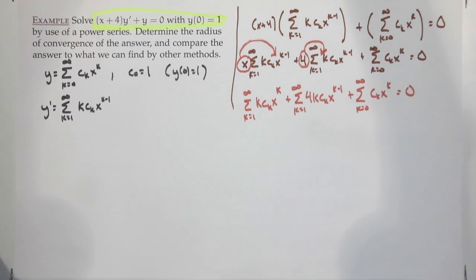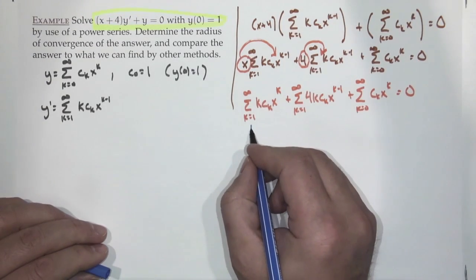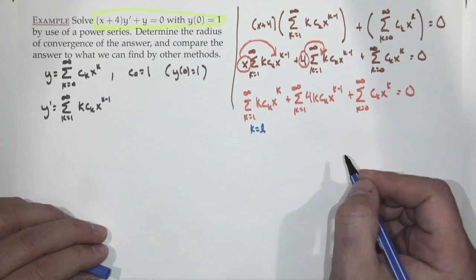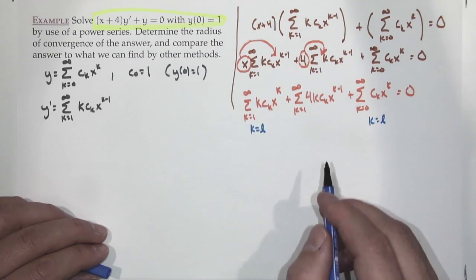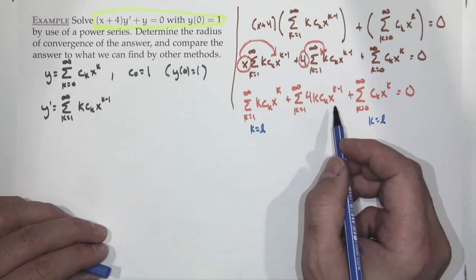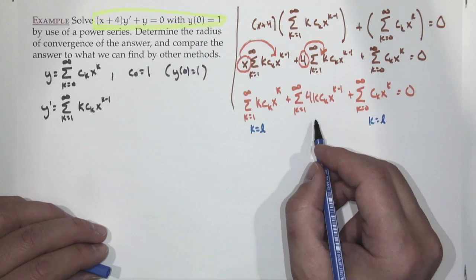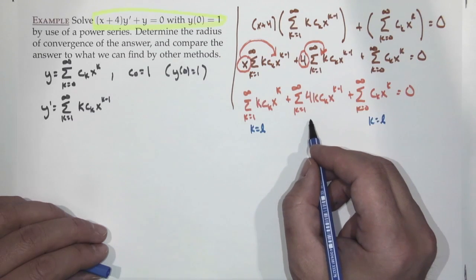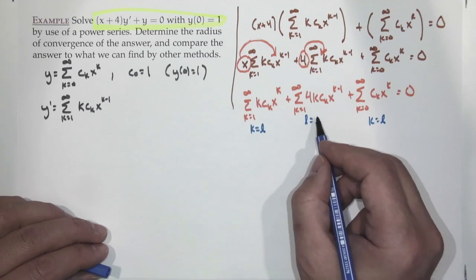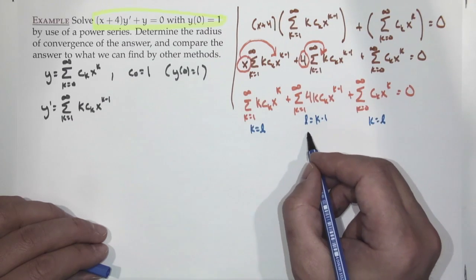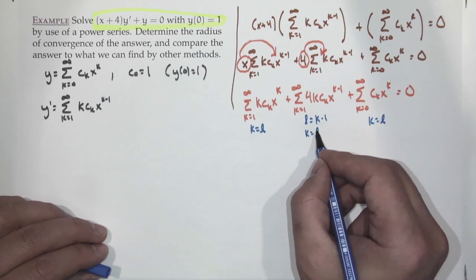So we'll fix our powers. I like this one, so I'm just going to change my notation. And I like the last one, so I'm just going to change my notation. In the middle, what do we do? So in particular, what will L be? k minus 1. Or we could say k is L plus 1.